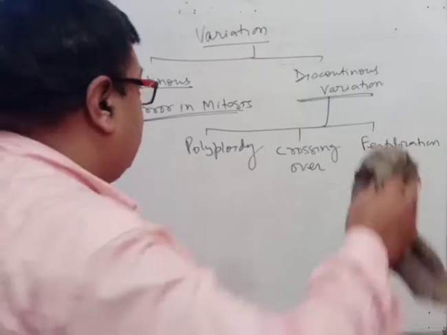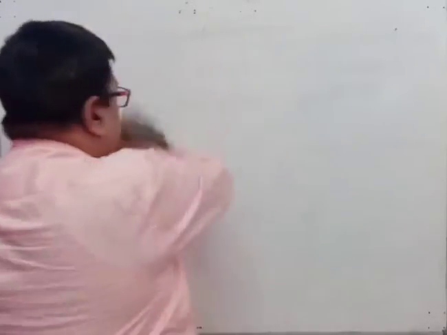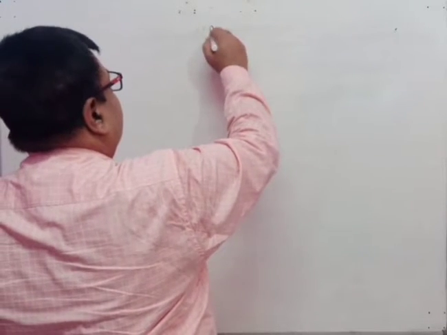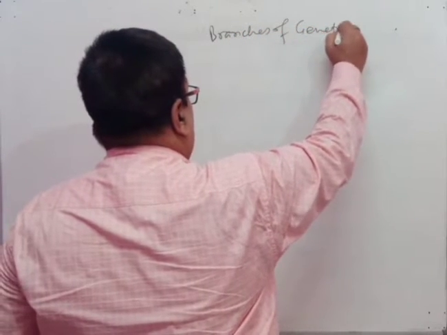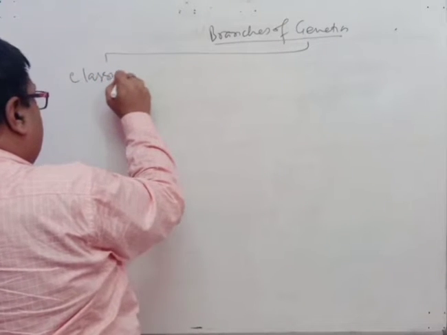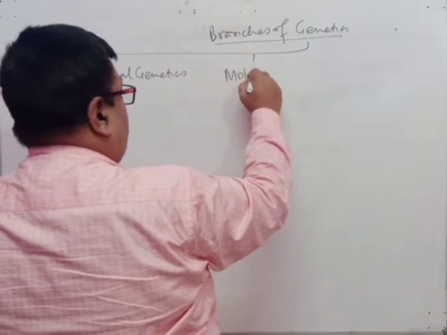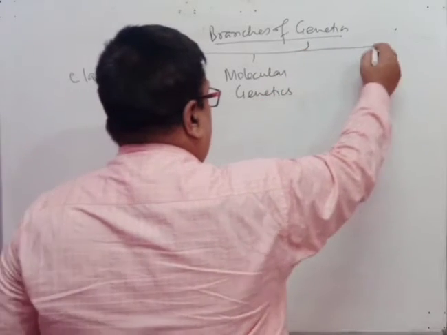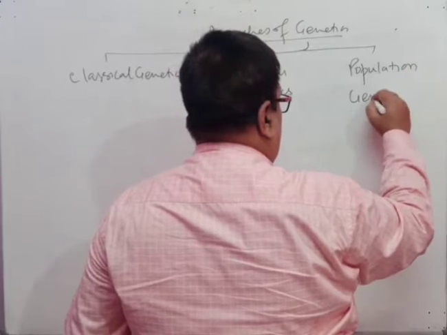Now we see the types of genetics. There are three main branches of genetics: first classical genetics, next molecular genetics, and then population genetics.